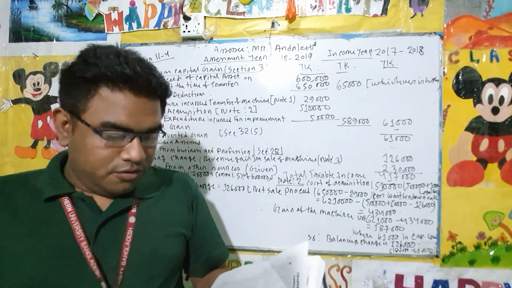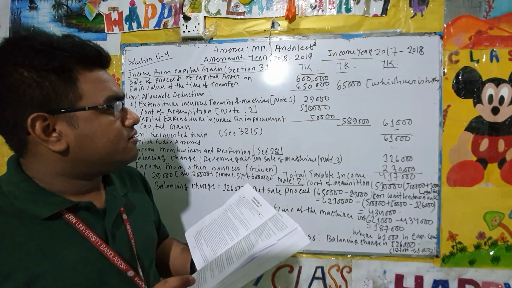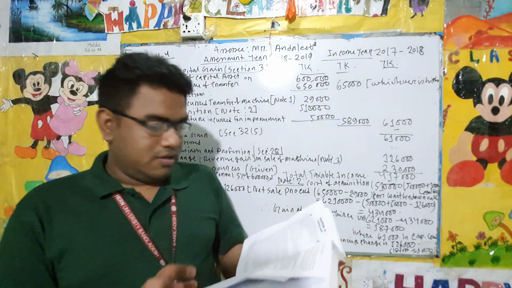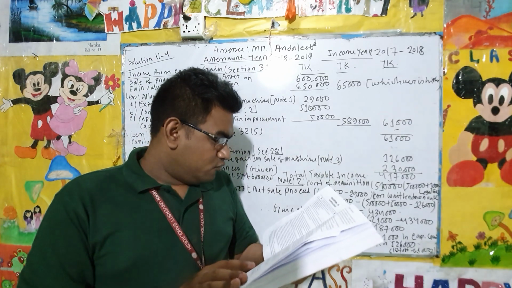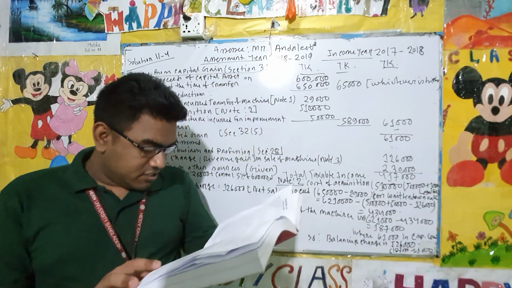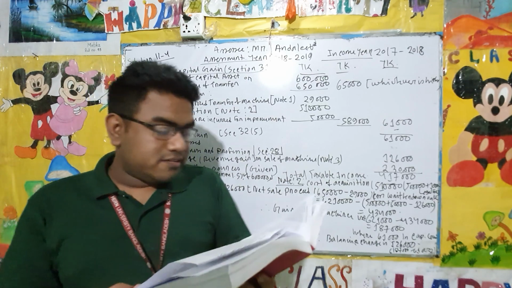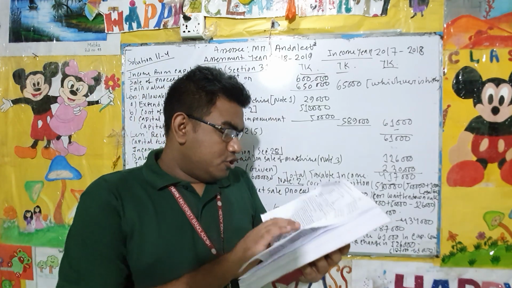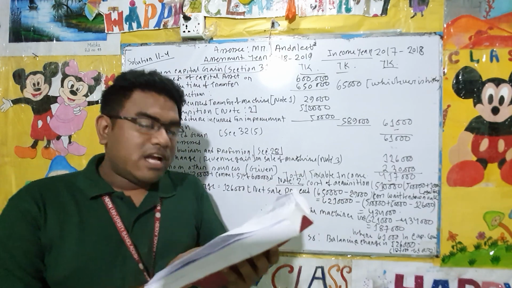You should read before going to the mathematical problem. At first you need to read from chapter 11, Capital Gains, the definitions, 12th edition, page number 300, and then, most importantly for the final exam, you need to see the tax exempted capital gains.